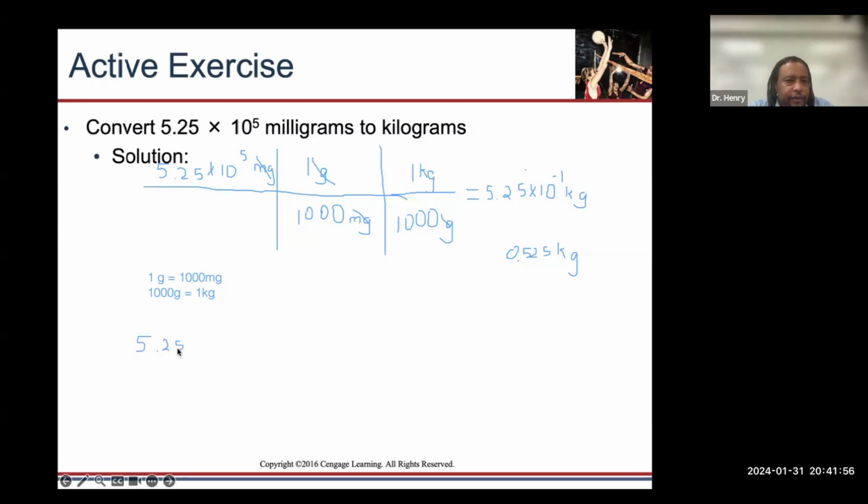So in other words, we're doing 5.25 times 10 to the 5th over 10 to the 6th power, right?